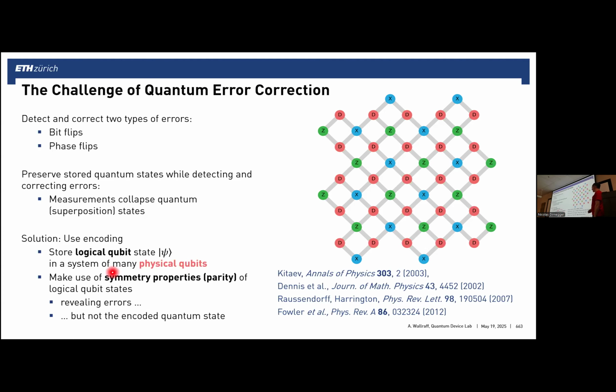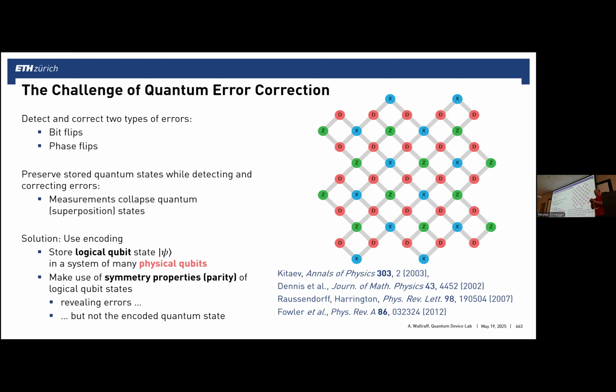The idea is that you make use of the symmetry properties, namely the parity of the logical qubit states, so that you could encode your logical state in a physical qubit state with a given parity. I'll explain a little bit more what that means. And then a change of parity would indicate whether an error has occurred or not.